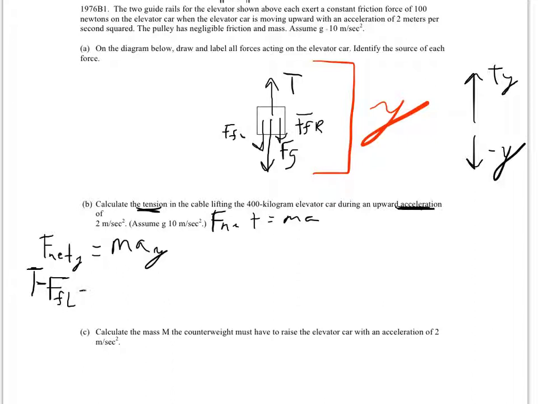Okay, we know tension from the last problem. We don't know the force of gravity because we would have to know the mass, and we don't know the mass. So I'm going to go ahead and rewrite force of gravity as we know it to be: tension minus mass times acceleration of gravity equals negative mass times acceleration in y. I'm solving for mass, so let's get the masses by themselves.